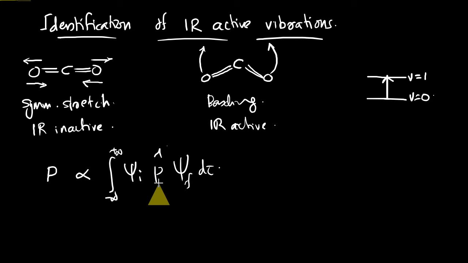Here you can see an operator P cap, and this P cap is called the spectral transition moment operator, or transition moment operator. This transition moment operator actually depends upon the nature of the spectral transition.